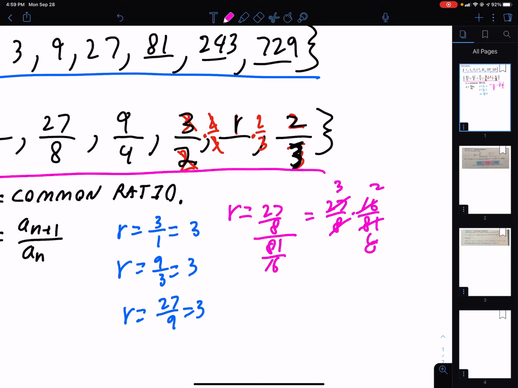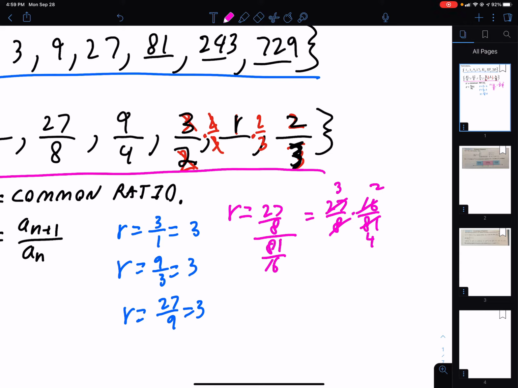Let me back up. 27/8 divided by 81/16 is 27/8 times 16 over 81. 9 goes into this 3 times and into that 4 times, and that reduces.